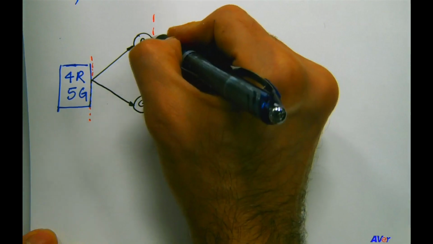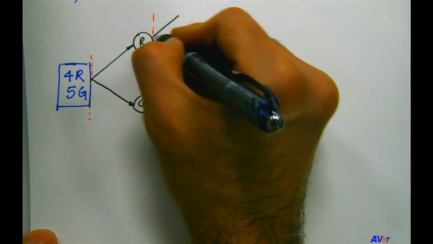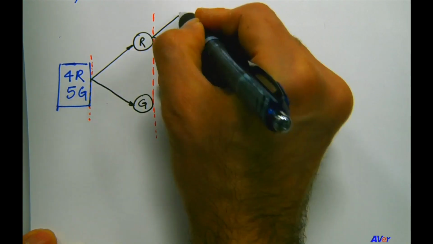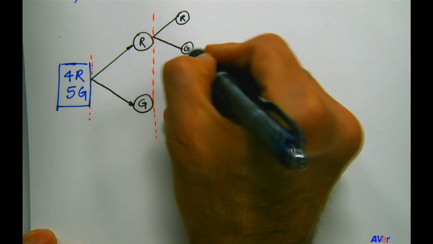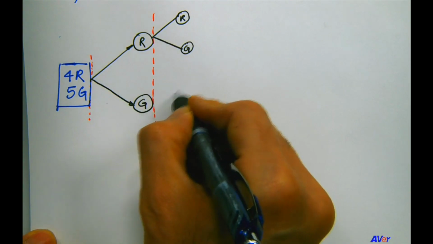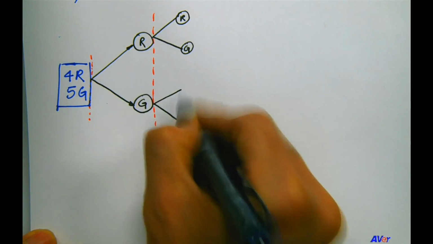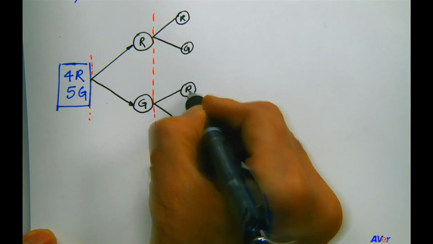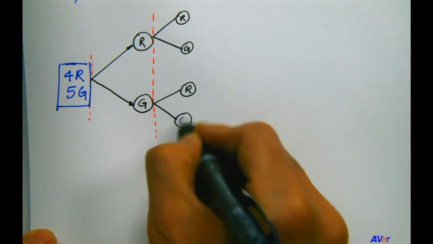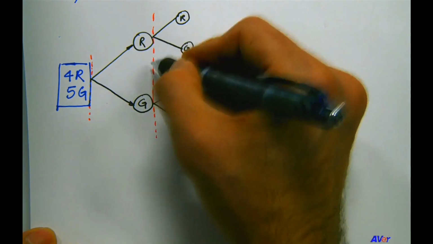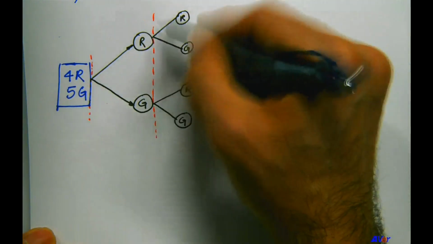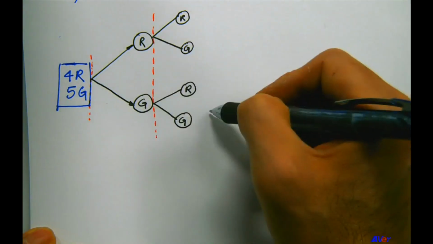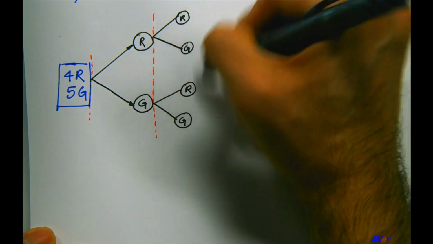So once again, we can either draw a red object out or a green one, right? If we're here, once again, we can either pull a red one out or a green one. That's the second draw. These are different scenarios. And then the third withdrawal of an object happens here.